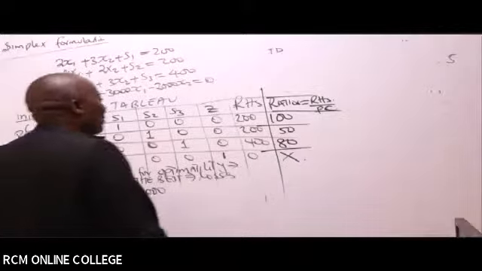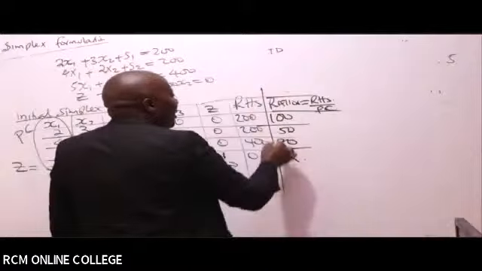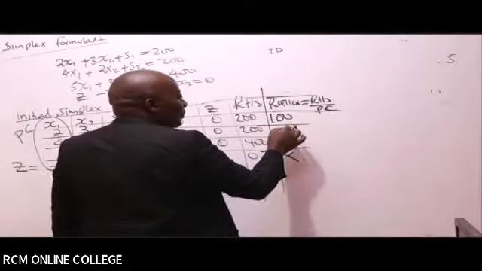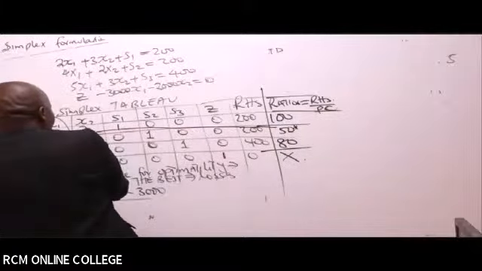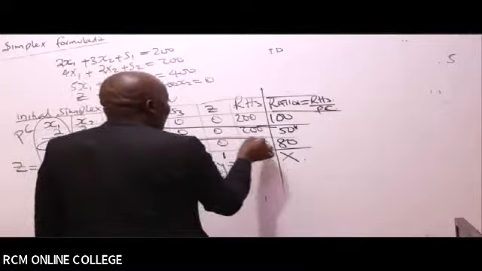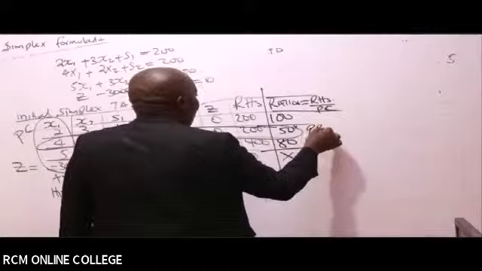In this case, the minimum here is this 50. So circle everything of this row and call it the PR.